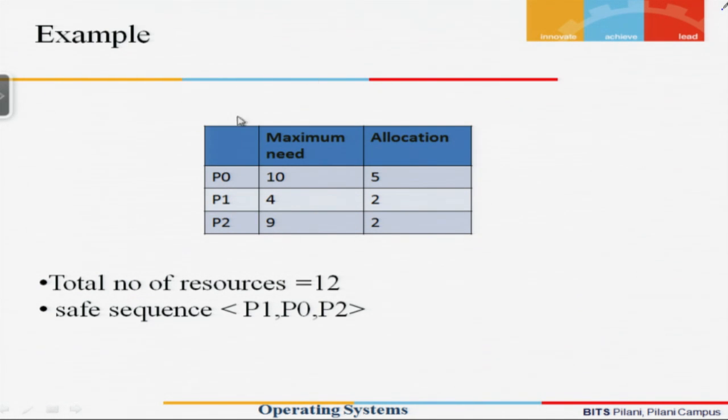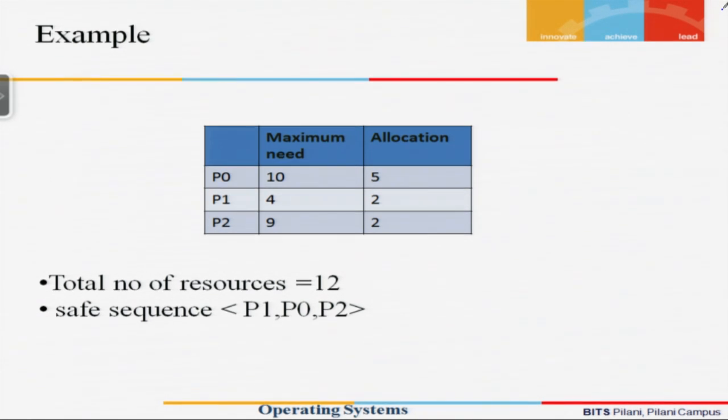Let us see a very simple example to find out whether, just by looking at a system, we can say that the system is in a safe state or not. Later on we will work out a detailed algorithm for doing it, but here I have presented a very simple case.